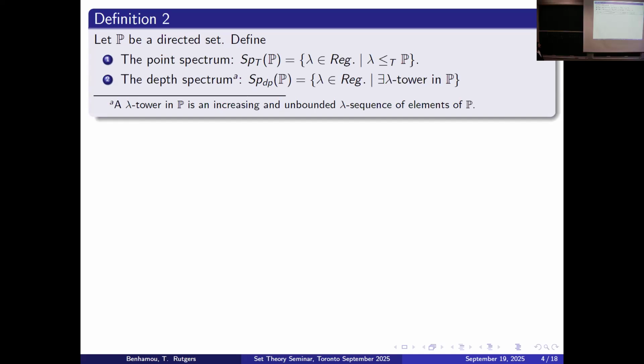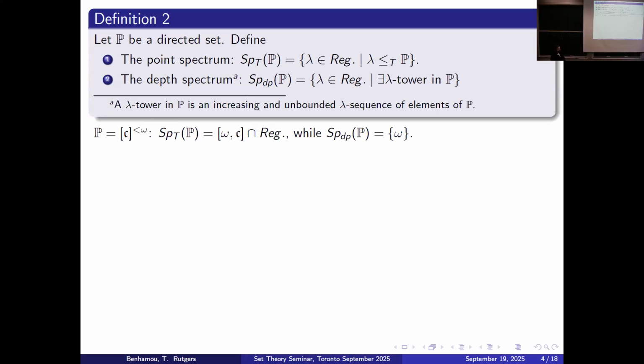Okay, so we'll see how they come into play in a second, and they relate to cofinal notions of P. Some examples: you take P to be C to the less than omega. In this case, it's known to be the maximal class of all directed posets of cardinality at most continuum.